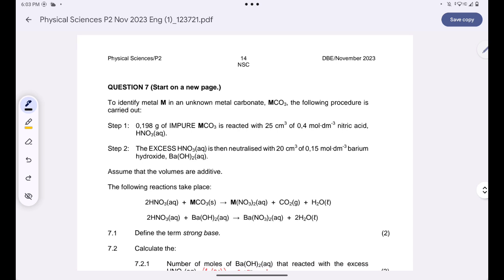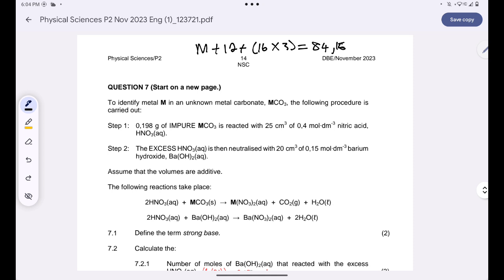Now let's go, guys, and check. We have metal carbonates. I don't know what M is. I know the molar mass number for carbon is 12. The molar mass number for oxygen is 16, but I have 3 of them. So I'll simply say 16 times 3. This should be equal to 84.15.